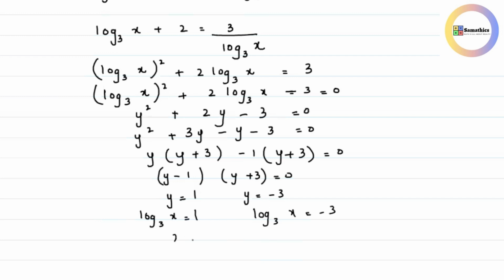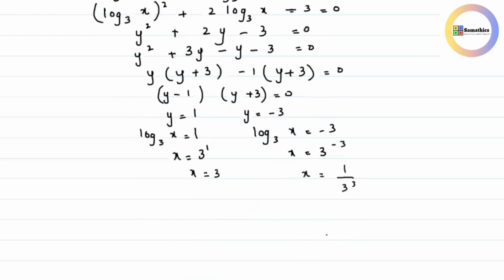So x is equal to 3 power 1 and x is equal to 3 power minus 3. So x is equal to 3 and x is equal to 1 upon 3 power 3, so x is equal to 1 upon 27. B part is also to be done in the same way.